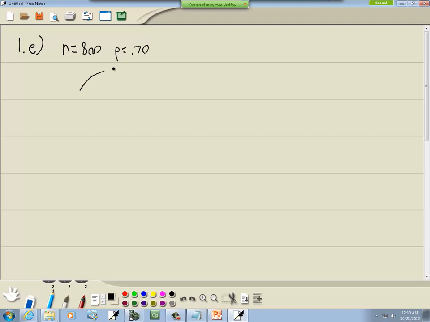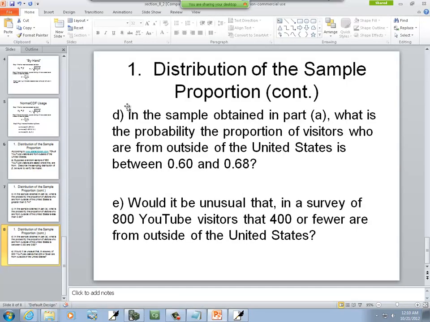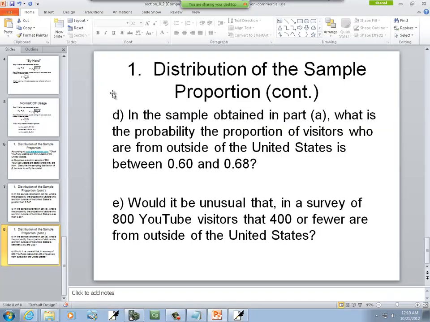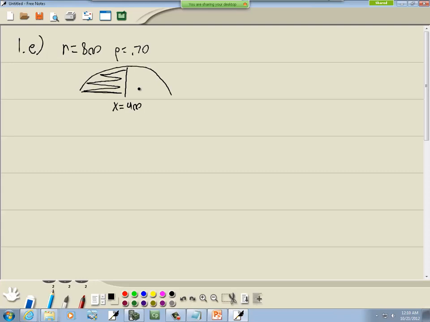What they're telling us here is X equals 400 or fewer. So we're shading that way. When it says would it be unusual, we want to see if the probability is less than 5% or greater than 5%.